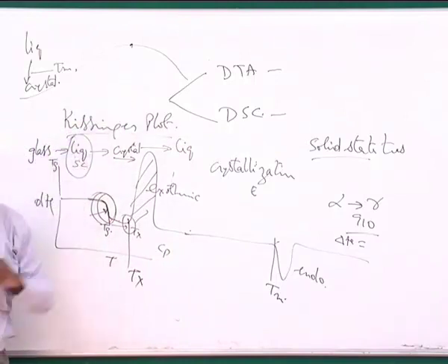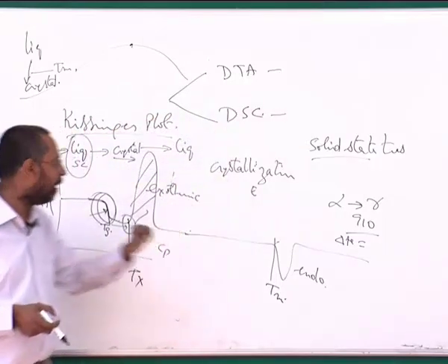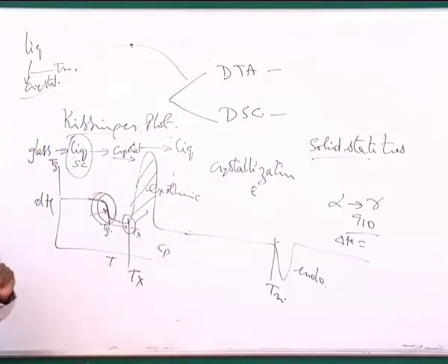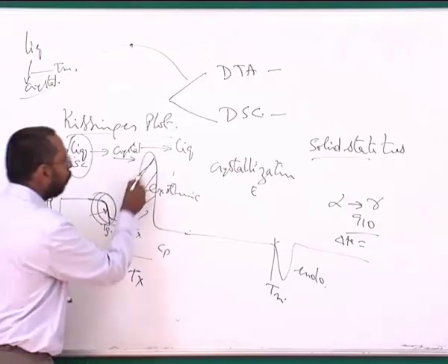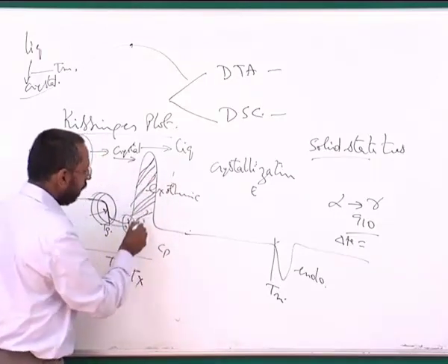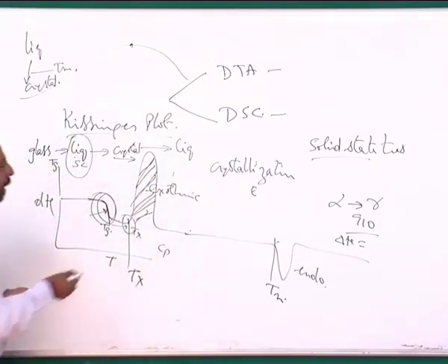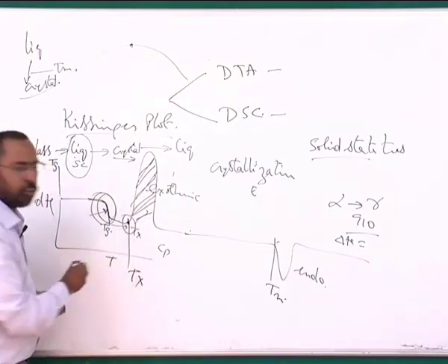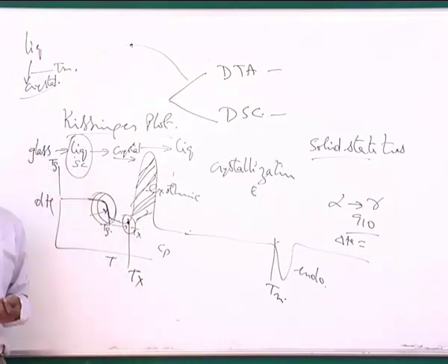So this is a technique where I use the enthalpy differences. Of course, one needs to do a calibration to know where I get the enthalpy from. This particular thing only tells me the temperature at which the transformation is taking place.